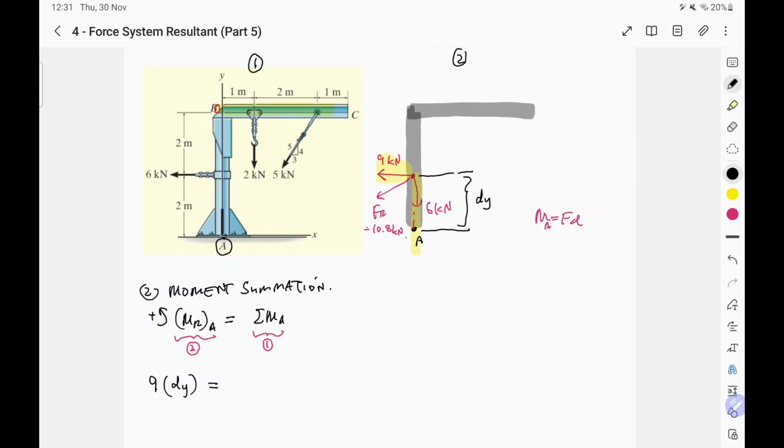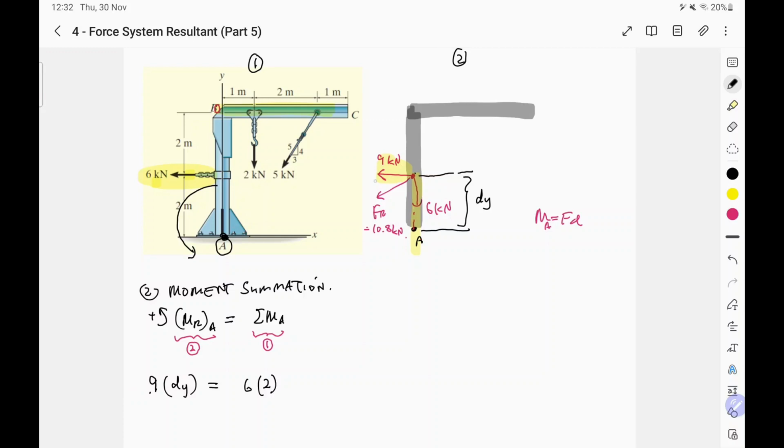So again, this is our reference point. Okay, point A, rotation point A. So let's convert this one dahulu, this 6 kN. So magnitude dia adalah 6 kN, and then distance dia would be perpendicular to the rotation point, it would be 2 meter. Okay, so tengok what are the direction produced by this 6 kN, counterclockwise. So kalau counterclockwise, in our equation become positive.